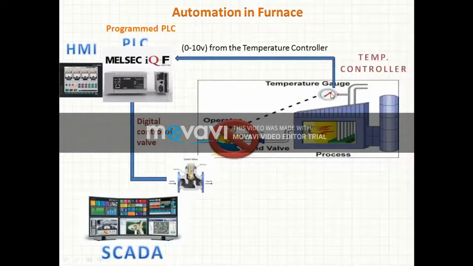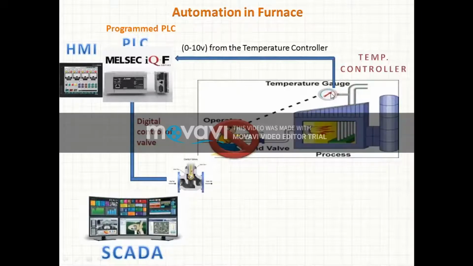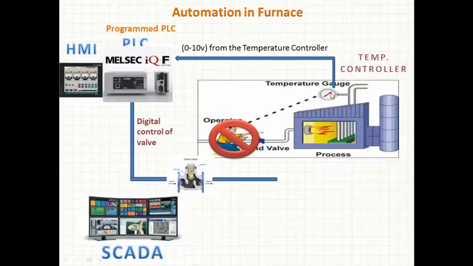You would have seen those valves which are controlled with 4 to 20 milliamps and 0 to 10 volts. If you give 10 volts, the valve will totally open, and if you give 5 volts, it will open accordingly. Based on the temperature, I'll program the PLC so it opens only partially. The program will be done only once, and I don't have to modify it again and again. So I'll control the valve and give it directly to the furnace.